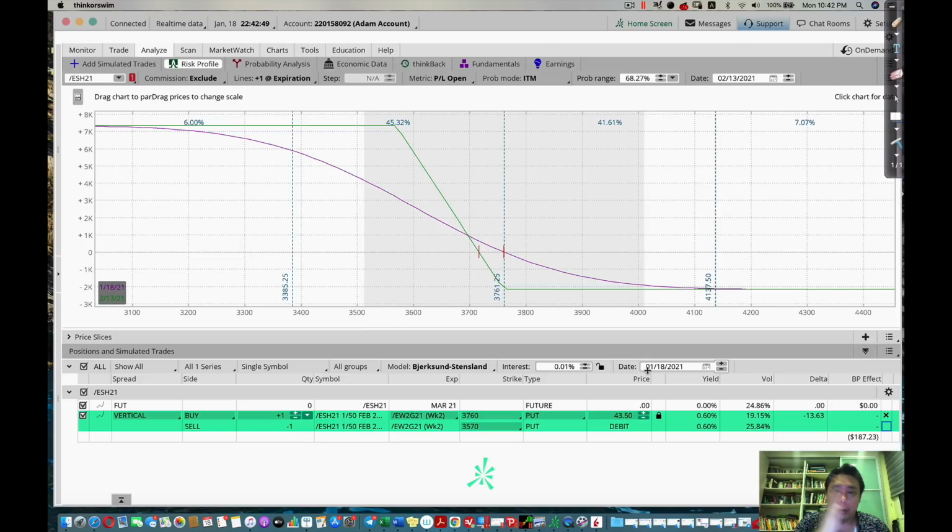So right now the market's at 3761. Our target is for the market to fall to 3570. So let's pull this to 3570.